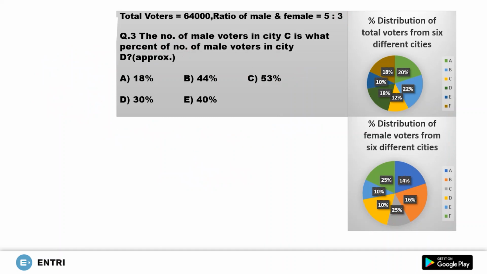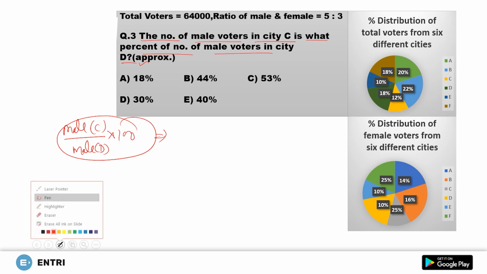Okay, what is the next question? The number of male voters in city C is what percent of the number of male voters in city D? So you have to find male of city C divided by male of city D into 100. So you have to find this percentage. So according to the question, you need to find what are the males of C. So how can you find males?